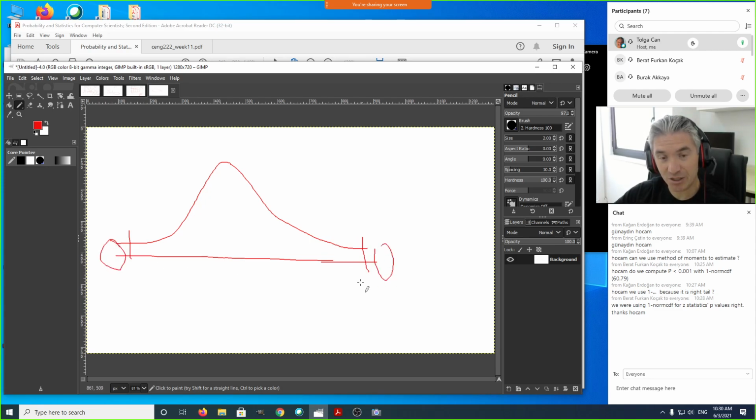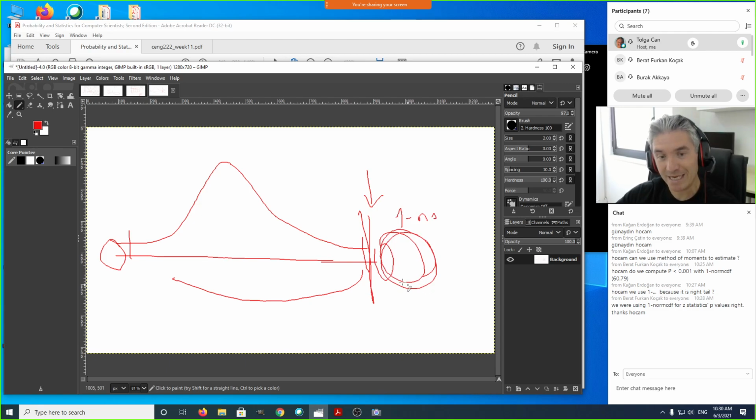So after we perform this, we may need to multiply whatever value we have here by 2. But if you have a one tail, right tail test, 1 minus norm CDF will immediately give you the area under the curve here.